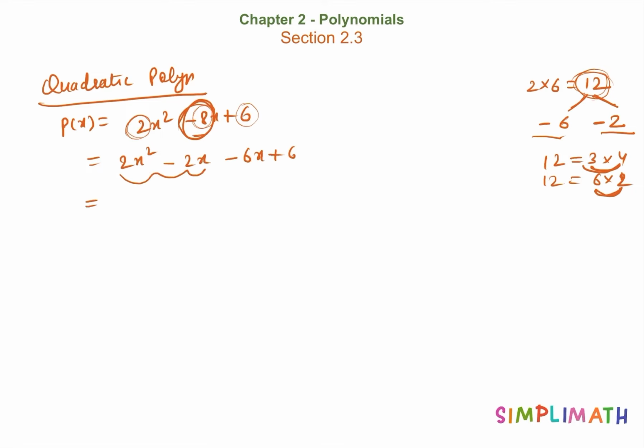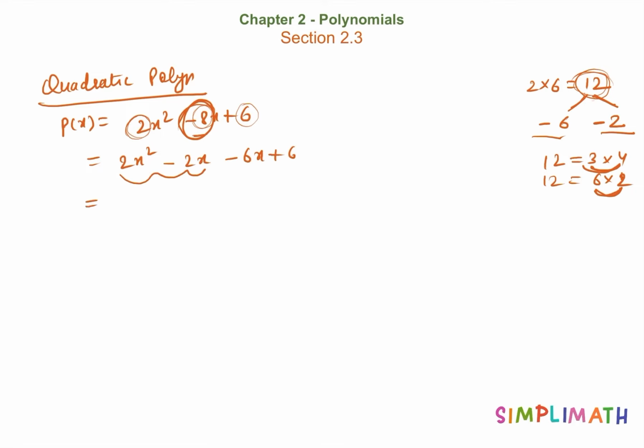Okay, now let's consider another example. Now let p of x equal to 3x square plus 5x minus 2. Now we will try to factorize this polynomial, and how are we going to do it? We are going to split the middle term. Okay, what is the multiplication of 3 into minus 2?